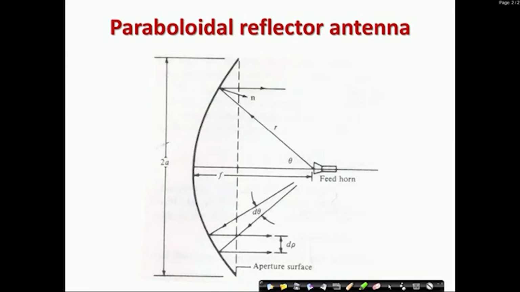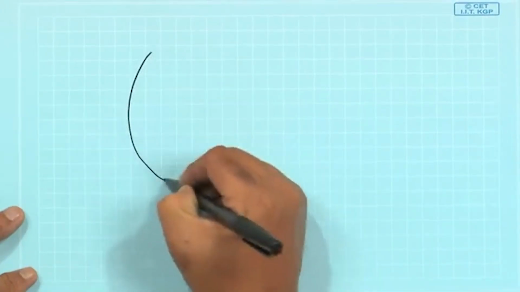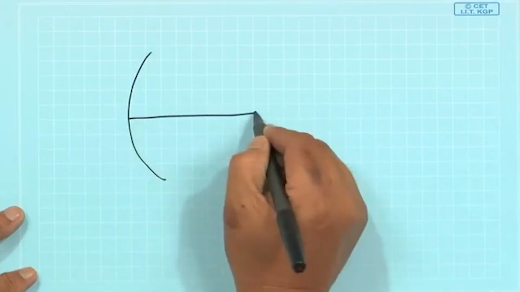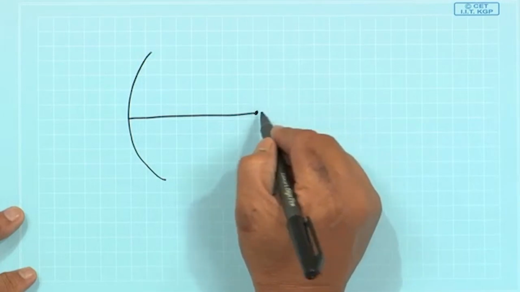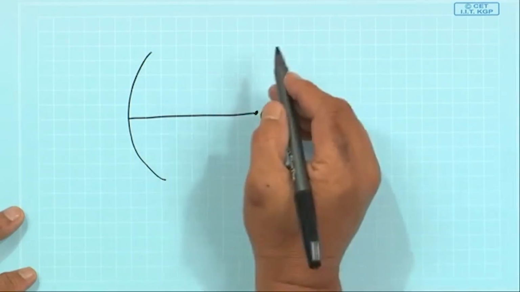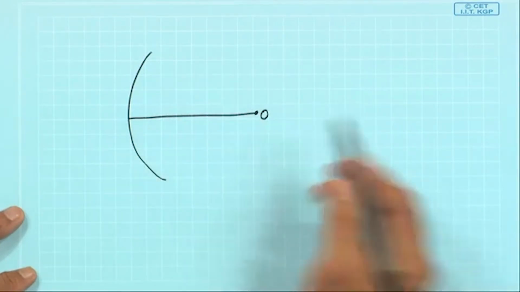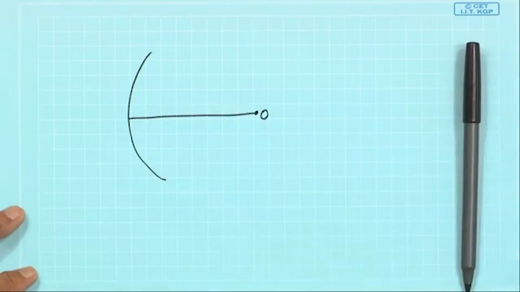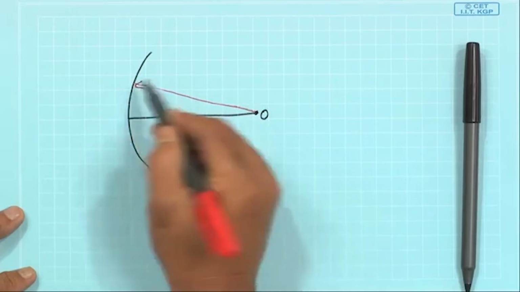So, let me draw a parabola, and this is its point. Let us say the focus I am calling O, and suppose I have an incident ray from here.